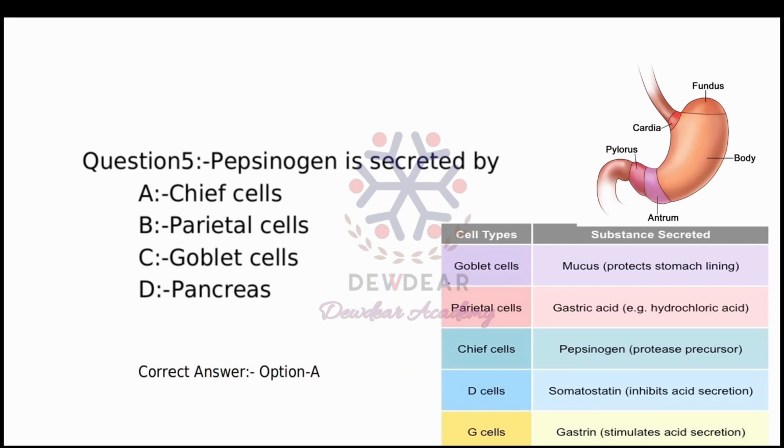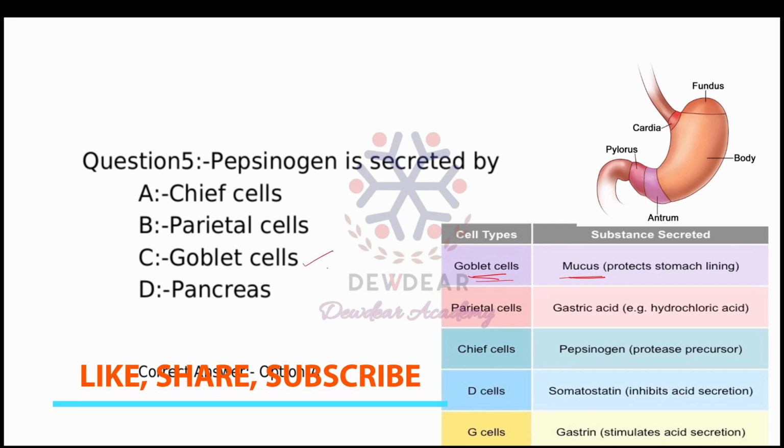Goblet cells secrete mucus, which protects the stomach lining from the acidic environment and digestive enzymes, and thus prevents damage to the stomach wall. So the third option given, goblet cells, is secreting mucus.